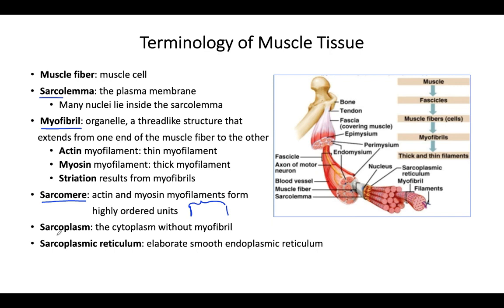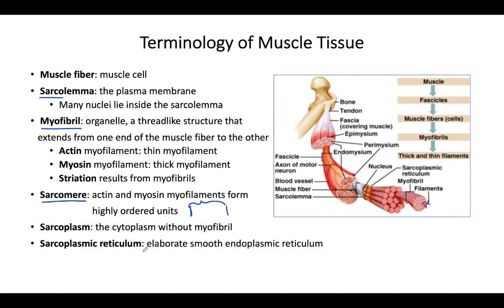Sarcoplasm is the cytoplasm of the muscle fiber. Inside the muscle cell, there's an organelle named myofibril. The rest of the muscle fiber, except the organelle, is called sarcoplasm. In other words, cytoplasm without myofibril.